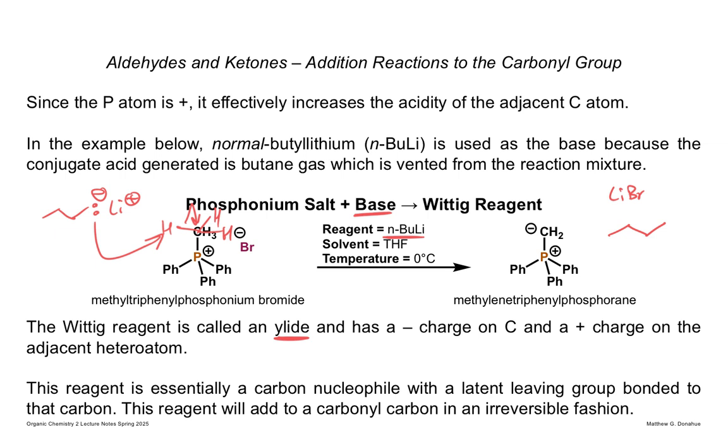Overall, they're called Zwitter ions, like when we get to amino acids and look at acid-base chemistry, we'll talk about charge location. Zwitter ion is a pretty broad term, but ylide is specifically related to this, where the minus and the plus are right next to each other.